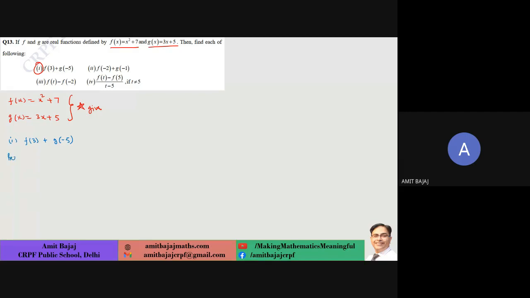The idea is very simple. Take out f of 3 separately. This is the definition of function f; replace x by 3. So that is 9 plus 7, 16. Then what is g of -5? The definition will change; replace x by -5.